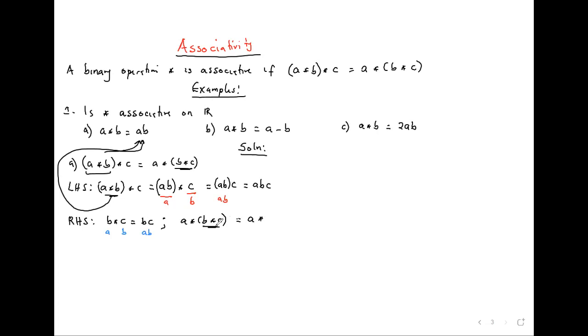This B star C has been found here as BC. So we write BC. Now we have our new A, this is our new A, this is our new B. So you multiply them, you get AB. But what is our new A? Our new A is A. Our new B is BC. Expanding, we get ABC. But if we check, these two are equal. So the left-hand side is equal to the right-hand side. Hence, star is associative.